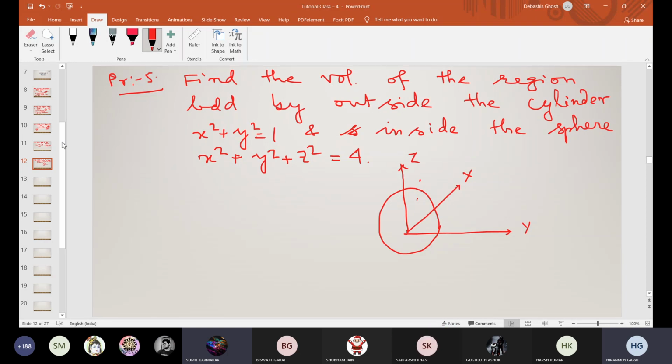But this time we are considering the outside of the cylinder whose base is the same, and inside the sphere. Then we can subtract that one from the whole thing. Yes, that means the limits of x and y coordinates are changed, and the boundary portion needs to be considered.